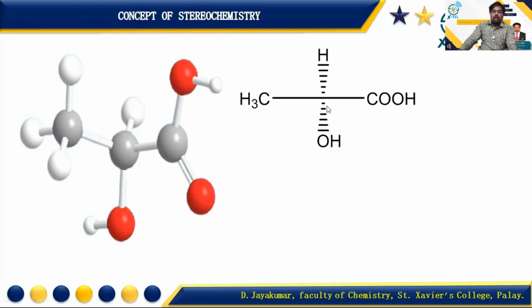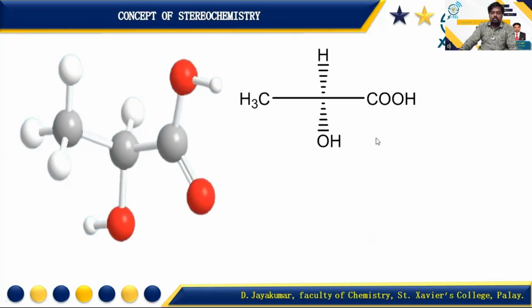So when the least priority is farther away and my eyeballs go in a counterclockwise direction, then it must be designated as S. However, if my eyeball goes in a clockwise direction, keeping the hydrogen, the fourth priority, farther away, then it must be R, rectus, meaning right hand, while S means sinister.